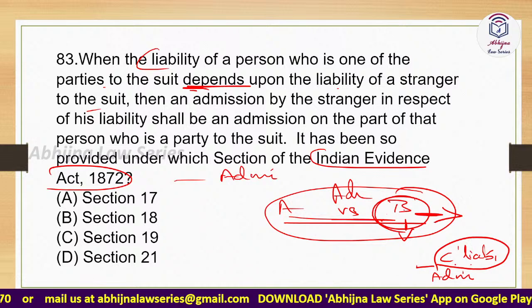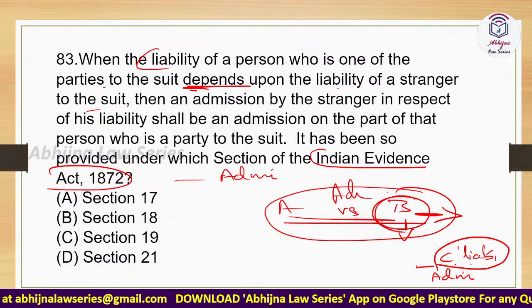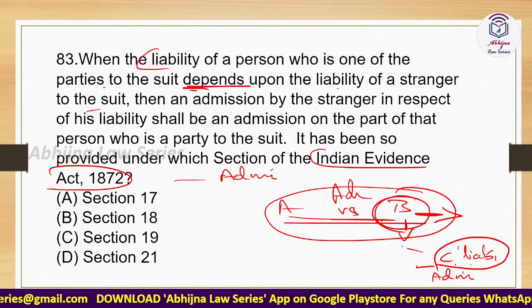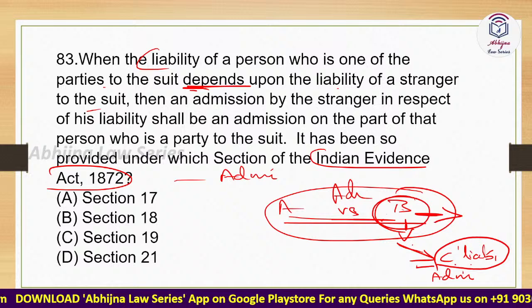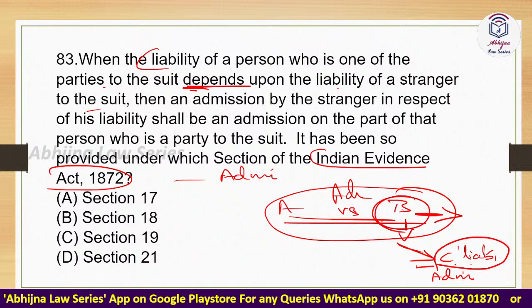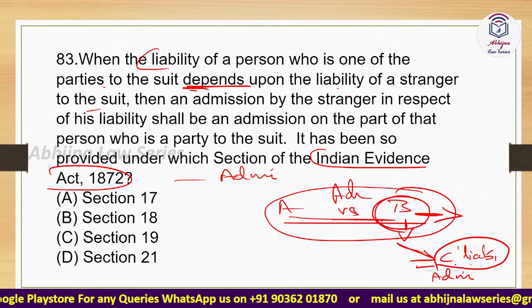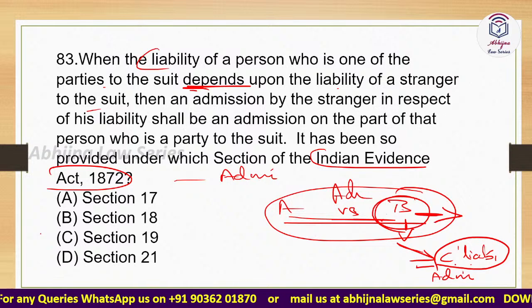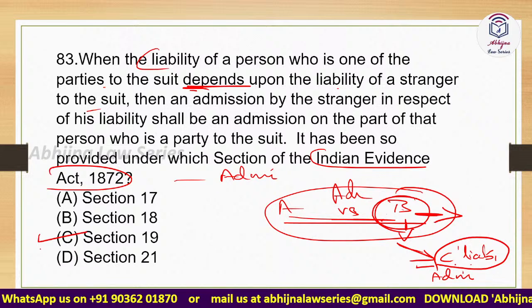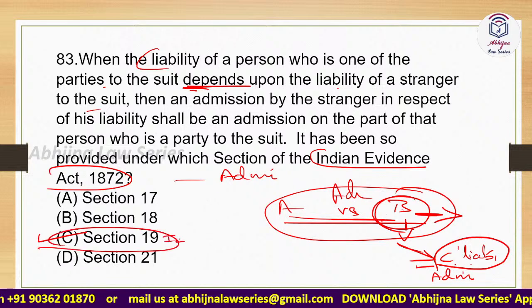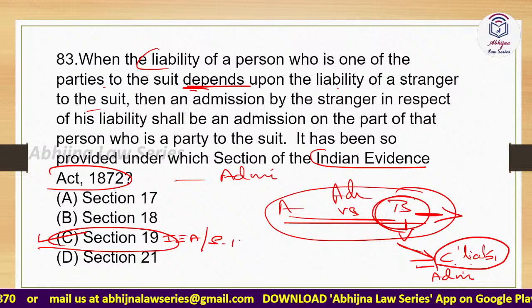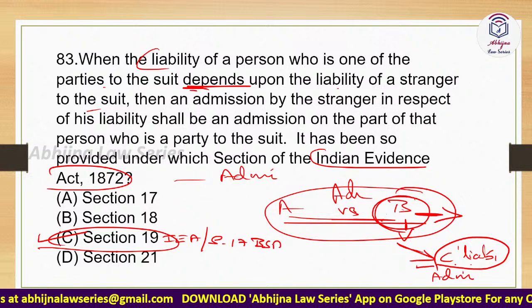It is not like only B has to admit; even if the person upon whom the liability depends admits, we can say that admission is there. So C is the answer, Section 19 of the Indian Evidence Act or Section 17 of Bharatiya Sakshi Adhiniyam.